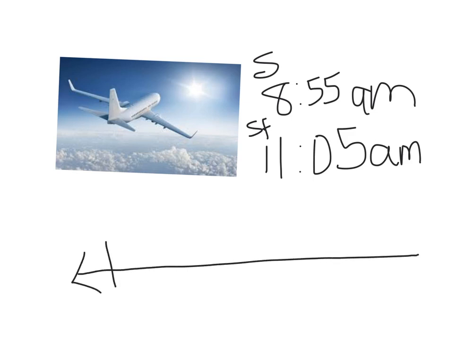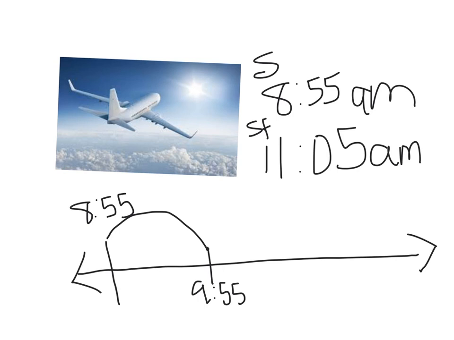I'm going to go ahead and draw my timeline. I'm going to start with when the thing began, and then I'm going to count 1 hour up, 8:55 to 9:55. My end time is 11:05, so I haven't come close to it yet.